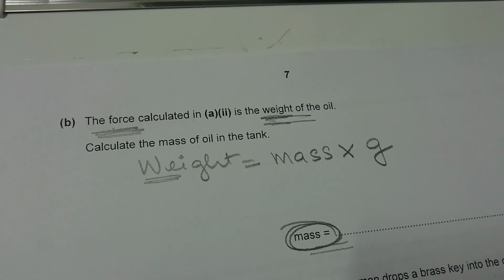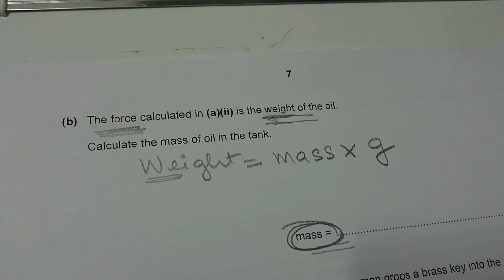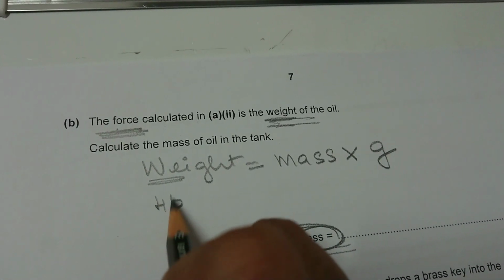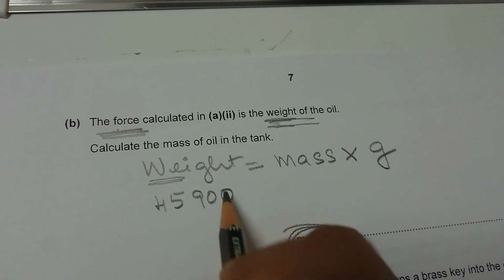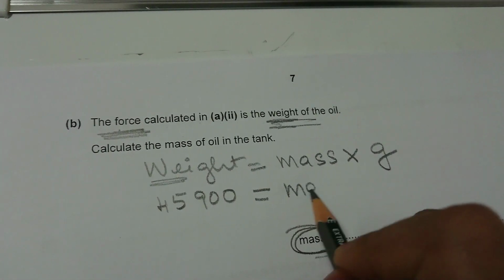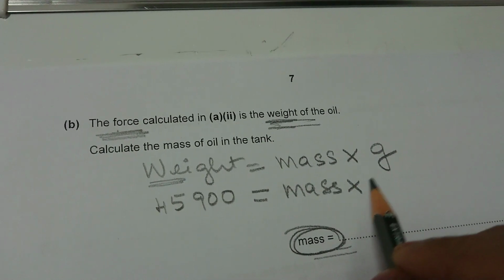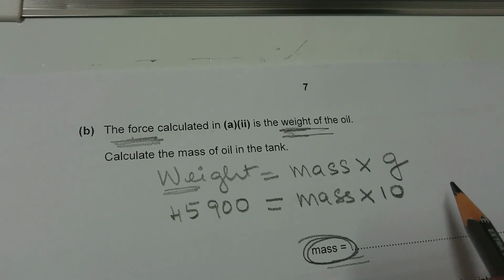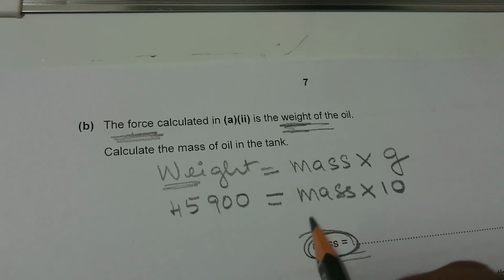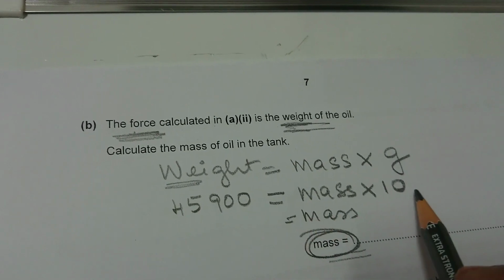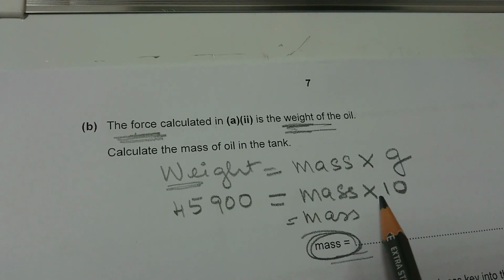So from the previous calculation, we have force is equal to 45,900 Newton. That is equal to mass, we don't know, acceleration due to gravity g is equal to 10. Therefore, keep mass on one side, that is mass equals, take 10 to the other side.